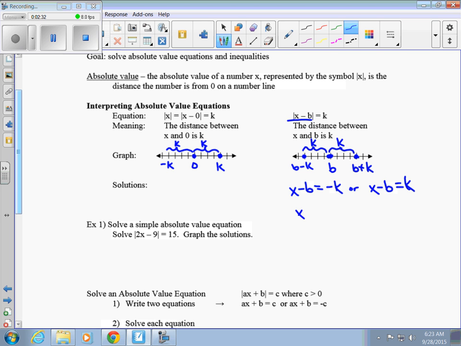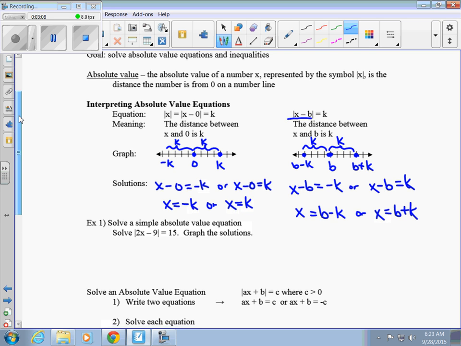So when we solve this, x equals b minus k, or x equals b plus k. That's kind of what that one means. And on this side, x minus 0 would equal negative k, or x minus 0 would equal k, which means x equals negative k, or x equals k. So that's what the solutions look like.